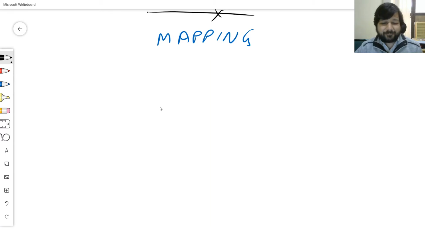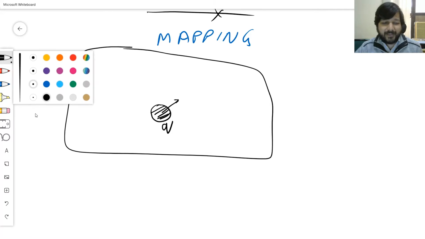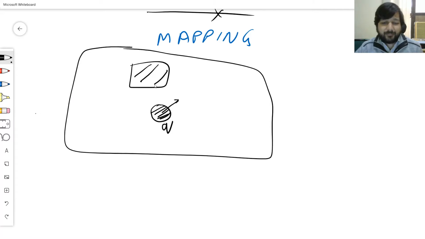So that's my robot, and suppose it is at a known position Q. And that's where it's looking at. And this is the actual map, which is unknown. I need to find out what this map is.